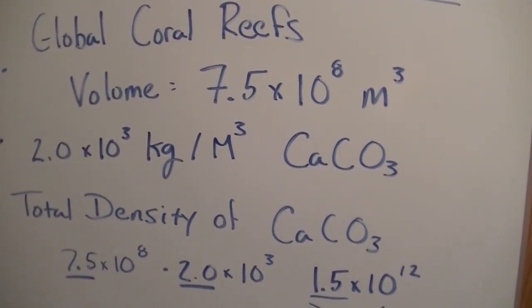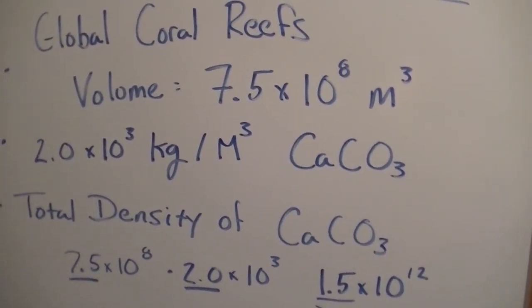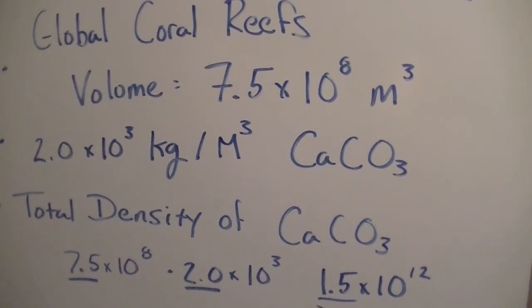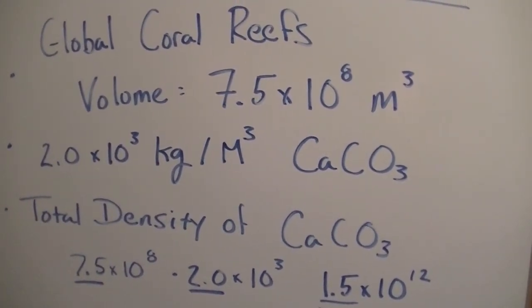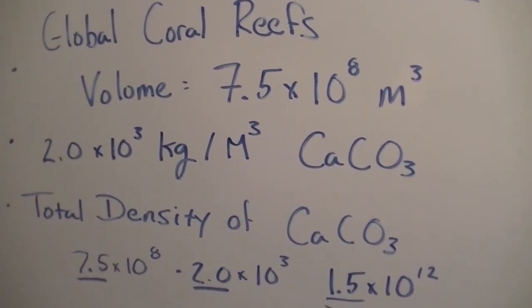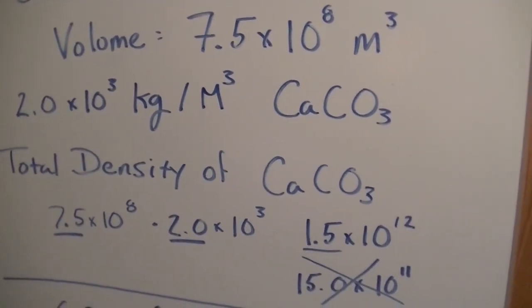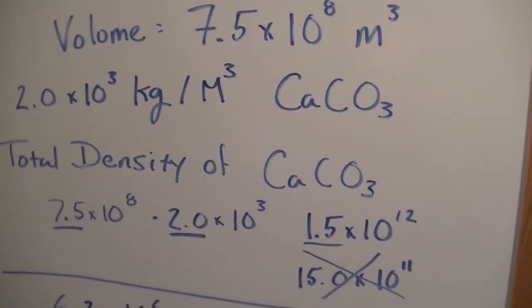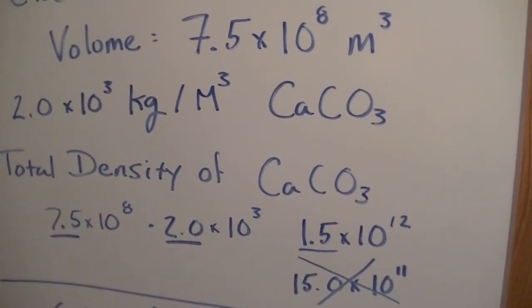Now think about it. You don't have a calculator, but 7.5 times 2 is 15. And when you're multiplying in scientific notation, you're always going to add your exponents. 8 plus 3 is 11. You may want to write 15.0 times 10 to the 11th, but like we said before, keep it in one whole number.